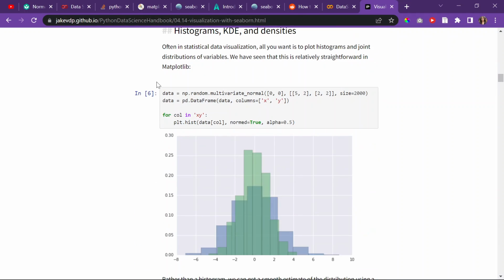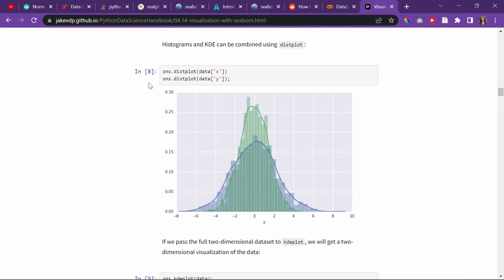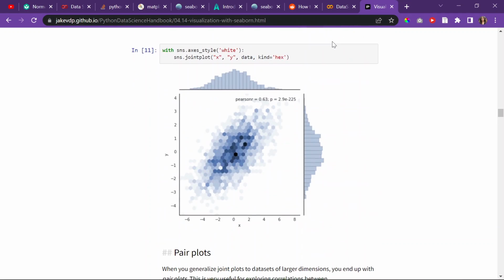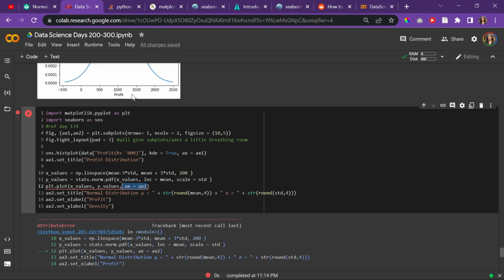But Seaborn doesn't do that. I'm so confused. Okay, no. Wrong one. How am I supposed to plot this?